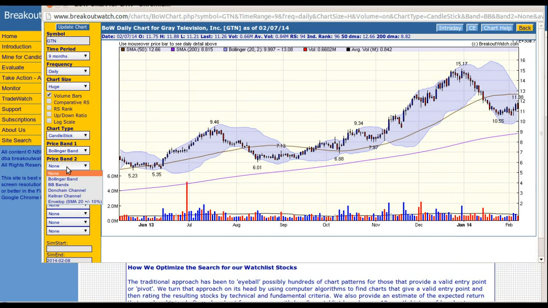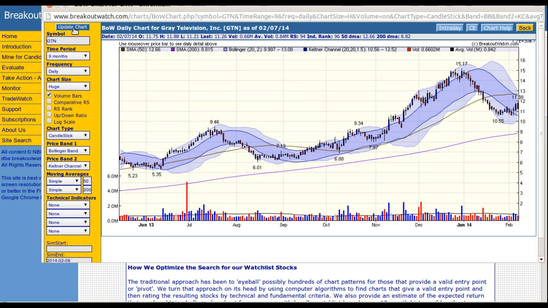The other band I want to put on is the Keltner channel, which is similar to the Bollinger Band in that it shows a channel around the mean price of the stock, but it's a considerably narrower channel with much less volatility than the Bollinger Band.